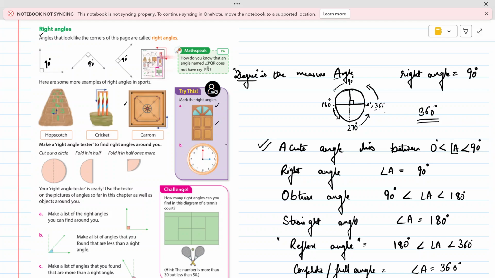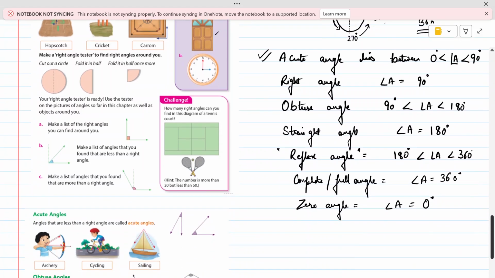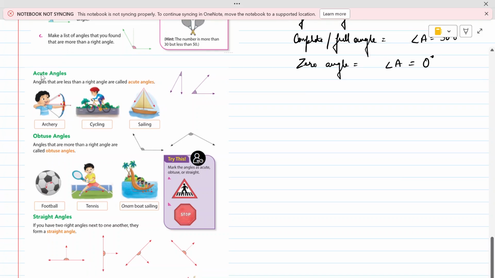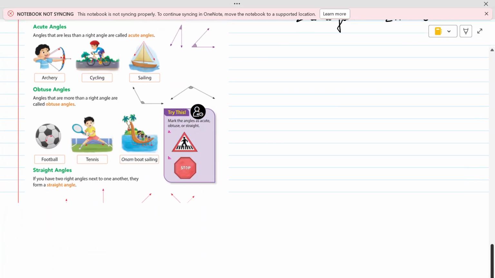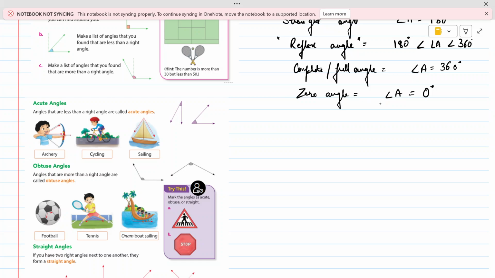All right. Now, next what we have here is the acute angle. So what we have learned about the acute angle: it is greater than 0 and less than 90 degrees. This acute angle will always be like this if this is the point, and if this is the point, it can be like this.